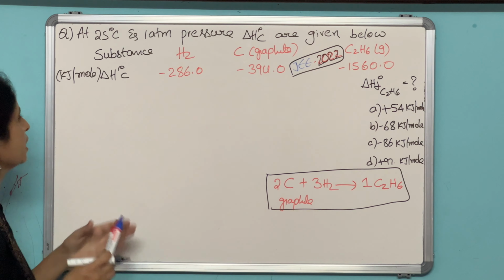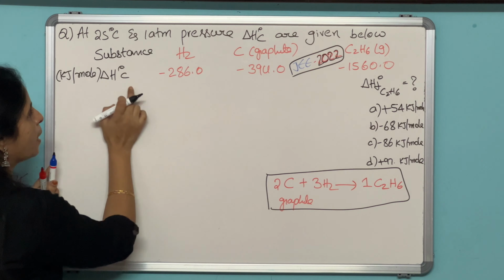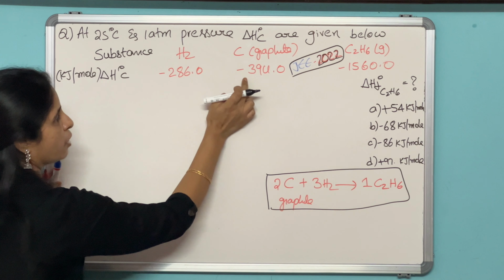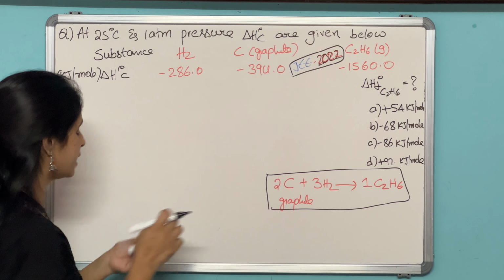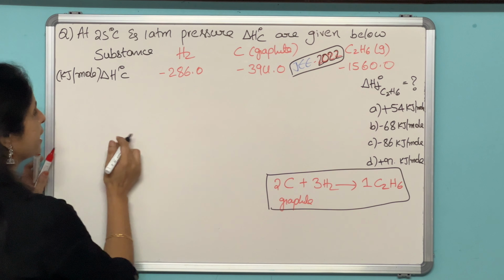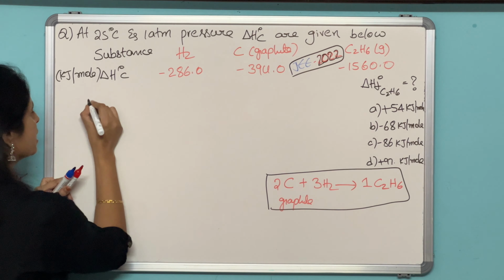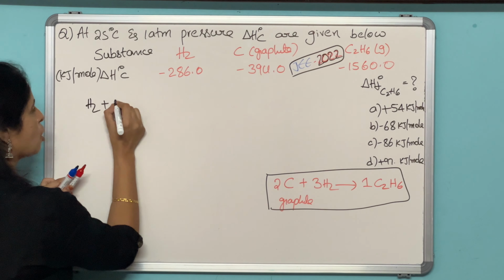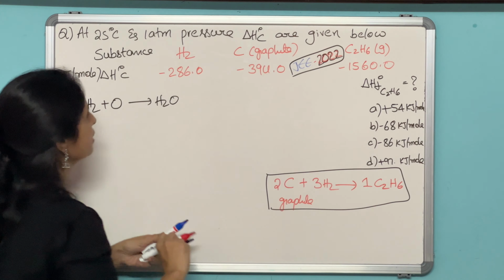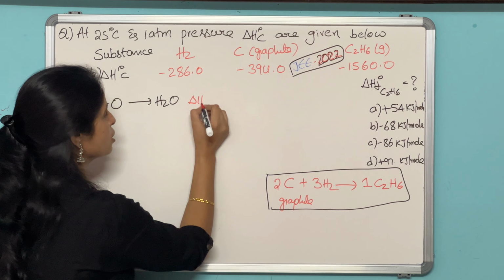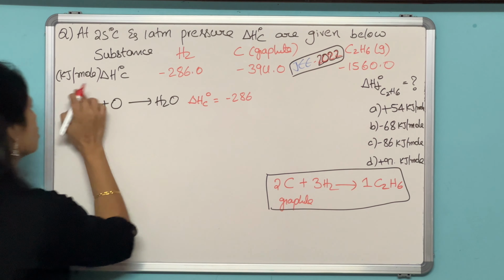Now, we'll look into the data given. He has given the enthalpy of combustion of H2, of carbon graphite, and of C2H6. First, write down the data. Combustion means burning in presence of oxygen. So, when hydrogen is burnt in presence of oxygen, you will get H2O. What is the value given? Delta HC naught is equal to minus 286 kilojoules per mole.